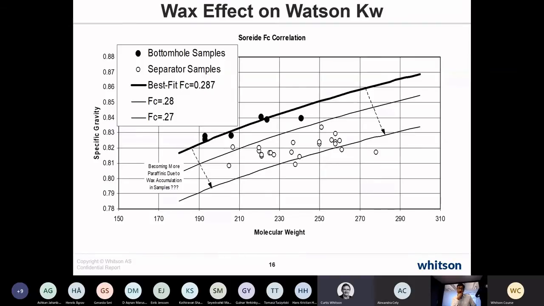So I think a big scatter, and a scatter in a certain direction, will indicate that you have a wax related issue. And maybe bottom hole samples, if again they correlate like they do here, where they seem to not be affected by the same scatter, it's a suggestion that collecting separator samples is a problem with respect to wax. You probably can't avoid it completely. It's just a red flag to be careful with.